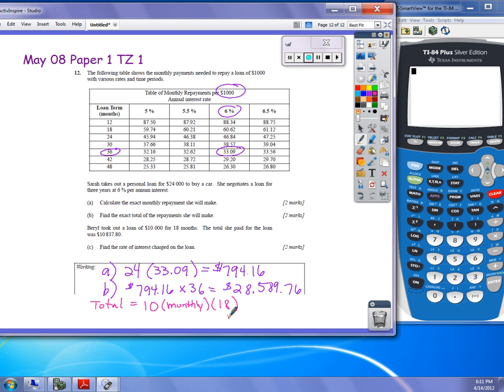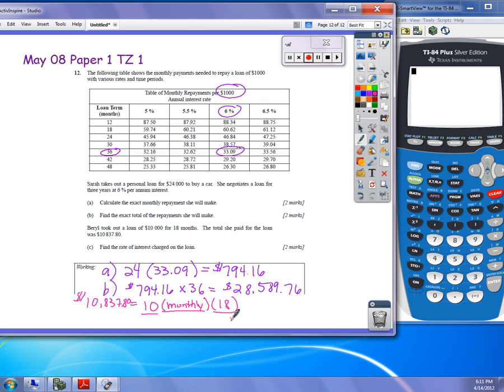So the total, I could have just written that down to start with. The total of $10,837.80 was calculated by multiplying 10 by the monthly payment, I don't know what that is, times 18 months.